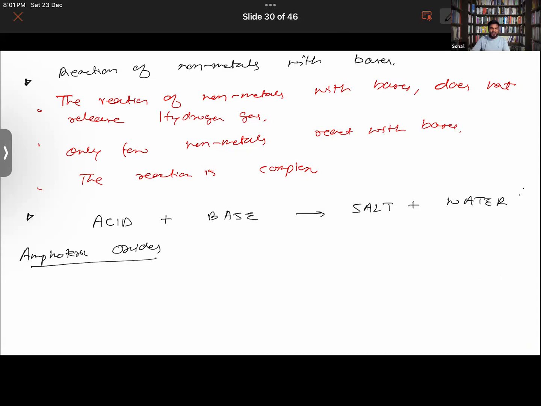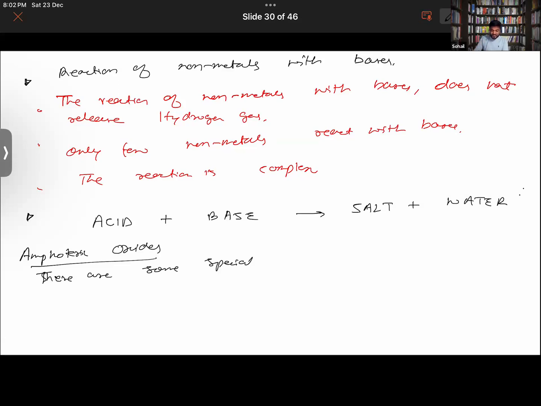So amphoteric oxides are some metal oxides जो acids के साथ भी react करेंगे और bases के साथ भी react करेंगे. Zinc oxide is there, aluminium oxide is there, lead oxide.